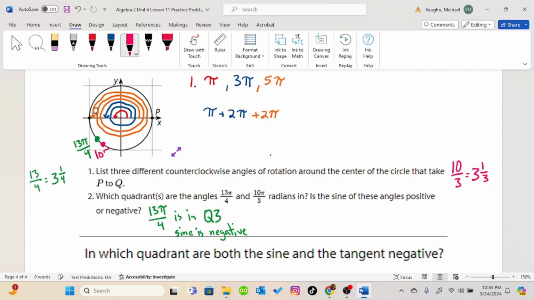So this is 10 pi over 3. So again, 10 pi over 3 is in quadrant 3, and since sine is y, sine is negative.